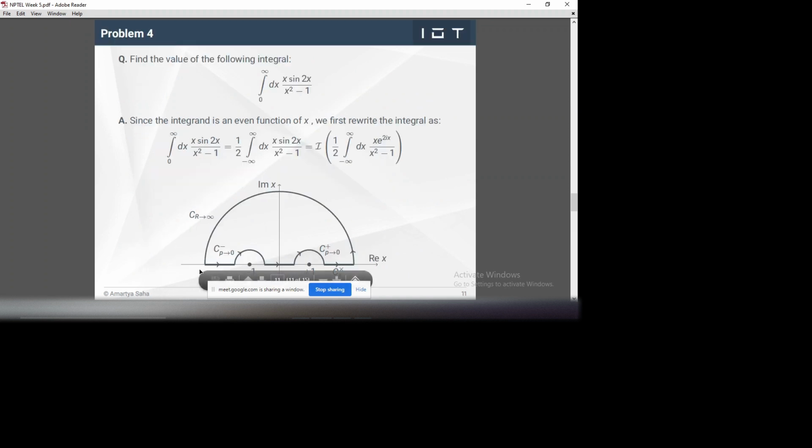Okay, so let us start from this part of the real axis. So that means we go from minus infinity to minus 1 minus p. Here we have taken p tends to 0 plus. That means we go from minus infinity to minus 1 minus p. That means up to the left of the point minus 1.